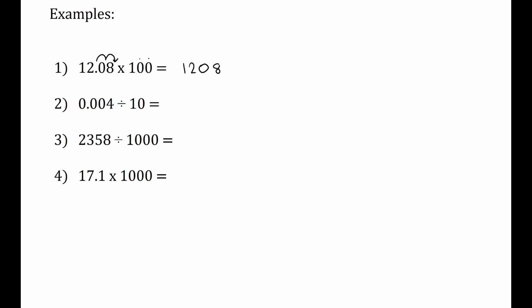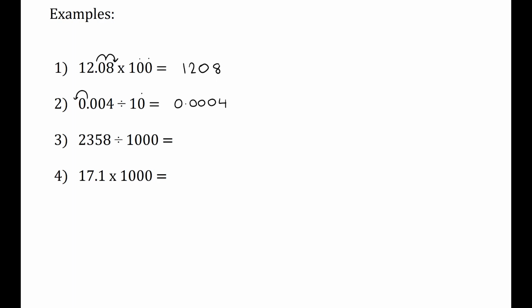Next, 0.004 divided by 10. We have 1 zero, so we're going to move the decimal point 1 space to the left, giving us an answer of 0.0004.